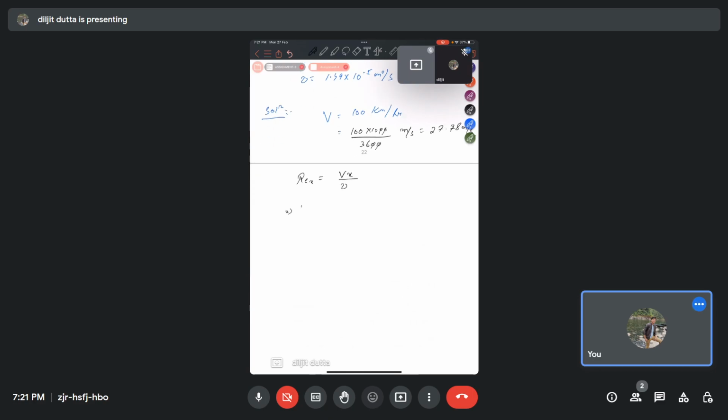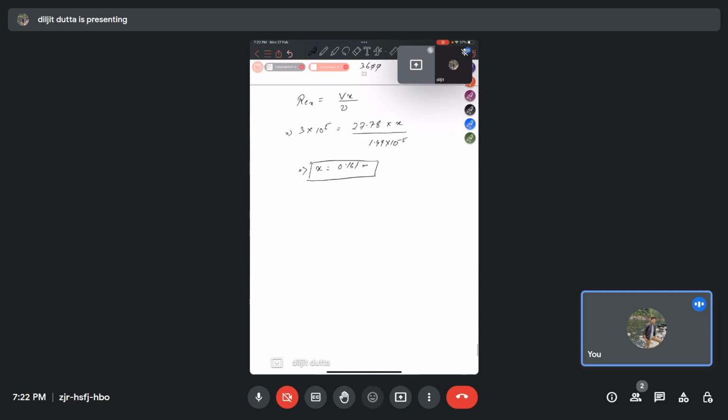So we have Reynolds number 3 into 10 to the power 5, equal to 27.78 into x divided by nu, where nu is 1.49 into 10 to the power -5. From this we obtain x equal to 0.161 meter.